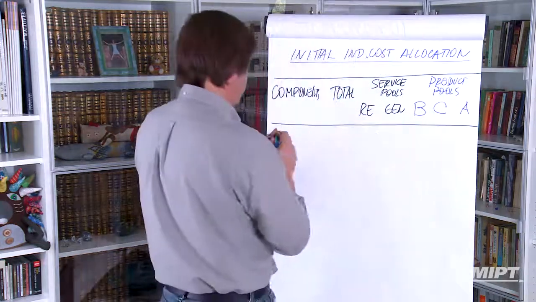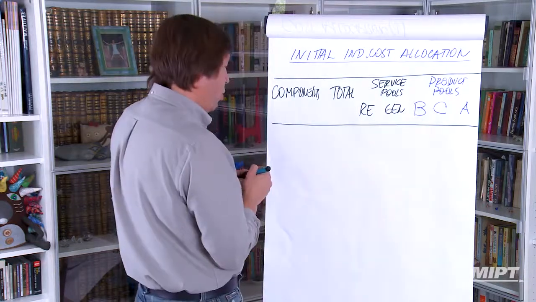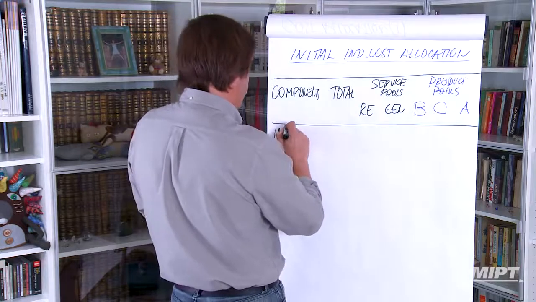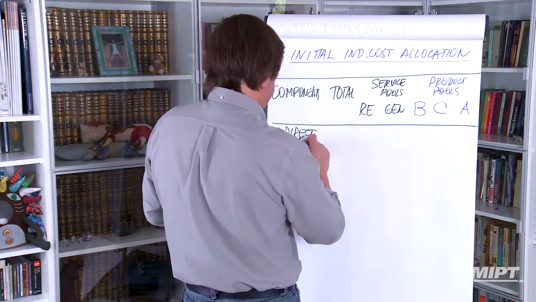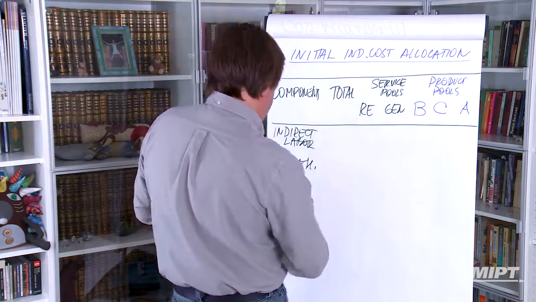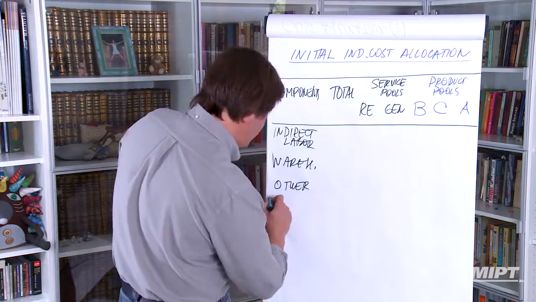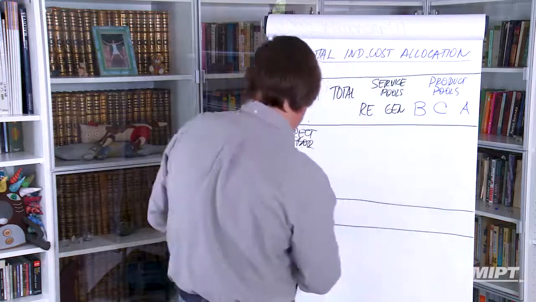I'll put them like this. Now, we have all these numbers from the previous page. So indirect labor, we have warehousing, and we have other. And obviously, as always, there's the final bottom line, which is total.